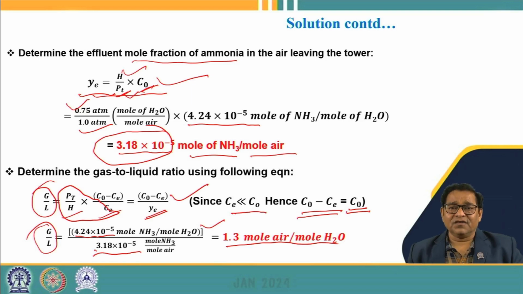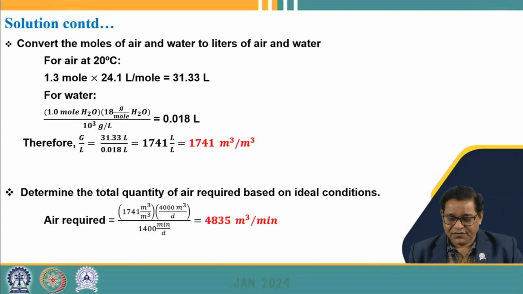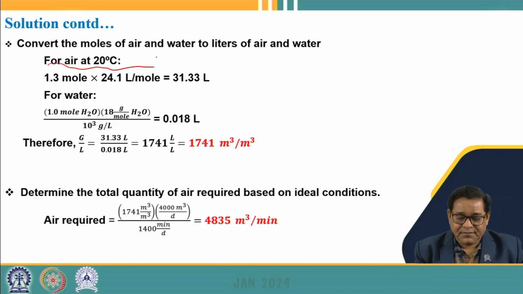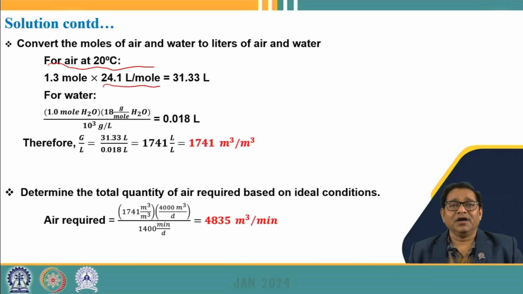So this is in terms of moles, but now we have to determine how many meter cube per meter cube of water will be required, or per unit volume of flow. So we have to convert these moles into weight and volumetric units. Here at 20 degrees centigrade, one mole of air has a volume of 24.1 liters.